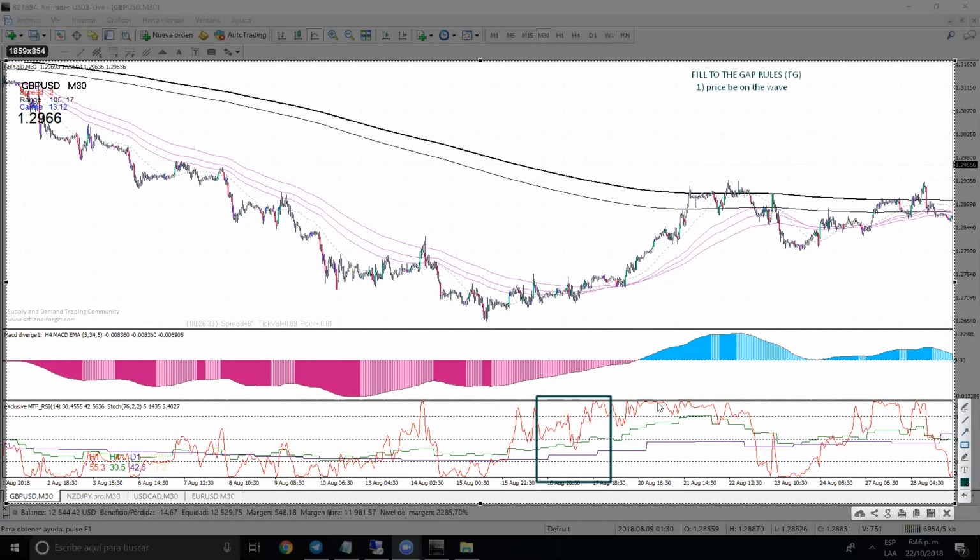For price on the wave, we need to look for the Holy Grail. And we need the purple to be below the 50 level. You can see purple is below the 50 level. This is the 50 level, and purple is below the 50 level. Okay, we have another rule.